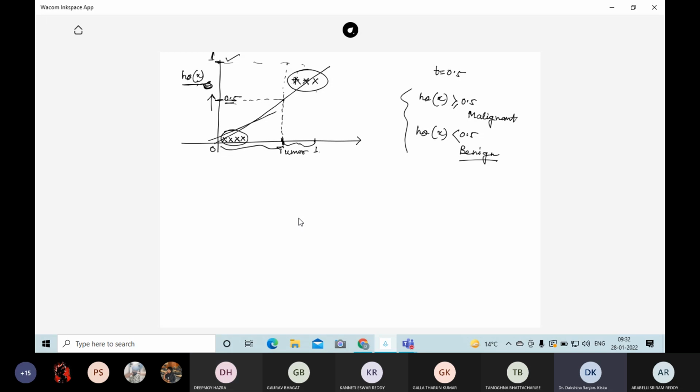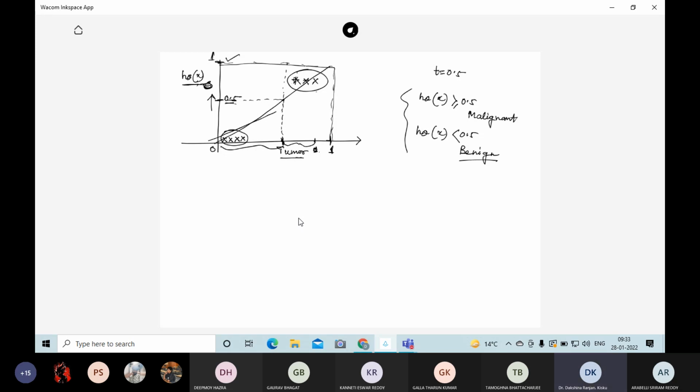This area would be 1. So from 0 to 1, and this is the upper bound of the x-axis.